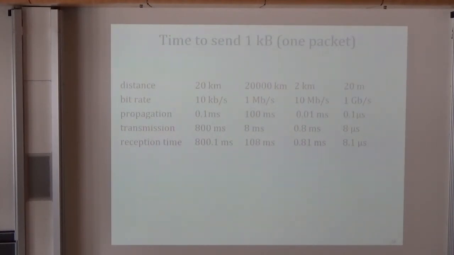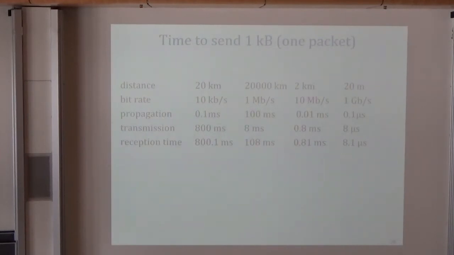But if we go to another scenario, which is sending 1 kilobyte, so 1 short text to New Zealand, and assume we have 1 megabit per second. So 1 megabit per second is doable today to New Zealand if you have high-speed access to the internet here, if you have a good internet service provider, and the same at the destination, then you can easily get 1 megabit per second.